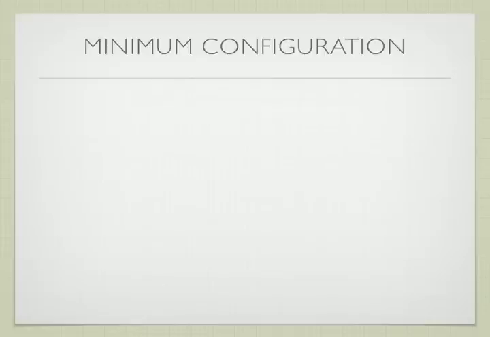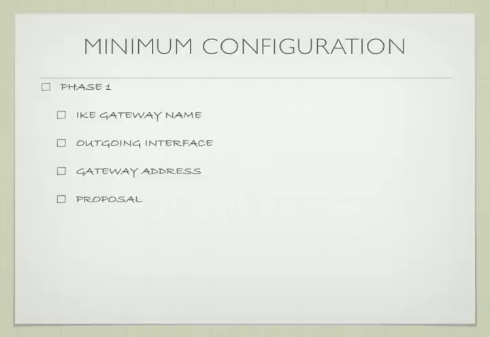So the minimum configuration then to have a complete IPsec policy-based VPN between ScreenOS and something else is you're going to have to create your phase 1 object. You're going to need to know your remote gateway. You're going to need to know what interface you can connect to that remote gateway on.